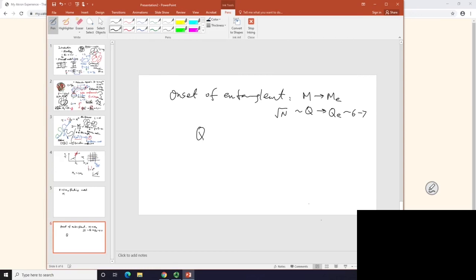Any chain length, it will be this. So when it is higher than a critical molecular chain length, then the number will just grow quadratically.